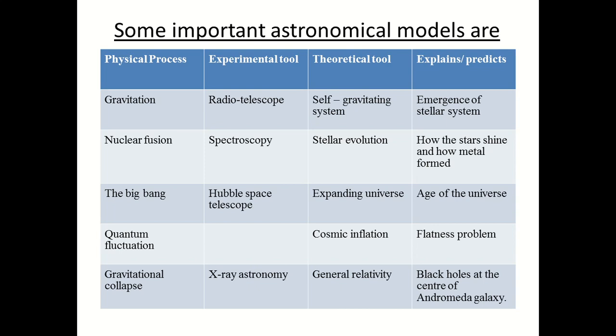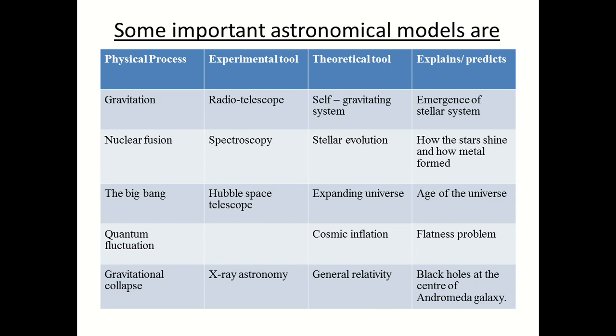And this model tries to explain or predict the emergence of a stellar system. Emergence of a stellar system means how a stellar system has been formed. For example, how the solar system is formed. The solar system consists of the sun as the star, 8 different planets revolving around it, and different comets and asteroids revolving around the sun.